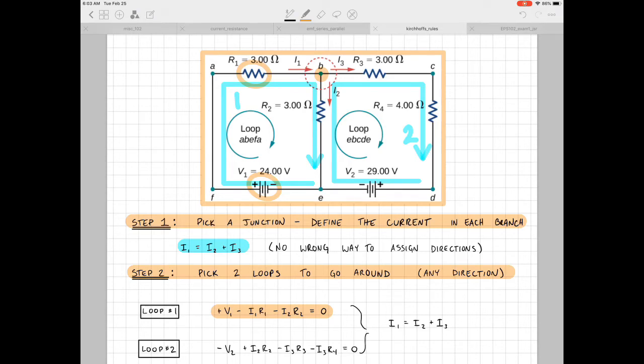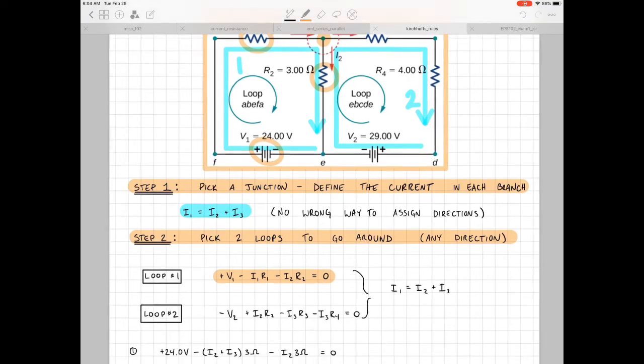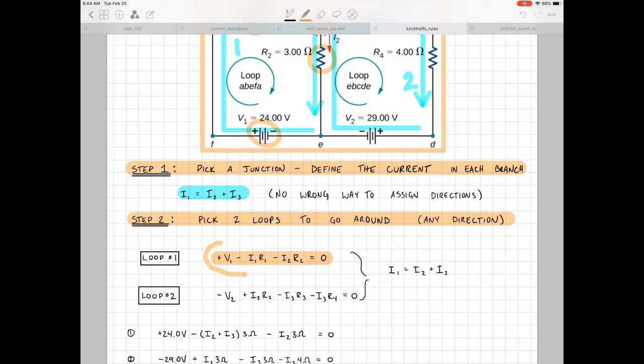Then I get to the junction and go down the middle branch, and I go through R2, and I'm going in the same direction as I've chosen the I2 current, so that's also a minus I2 R2. Then I get to the junction down at the bottom, and I basically complete the loop. So this is the full expression here of traveling around loop 1.